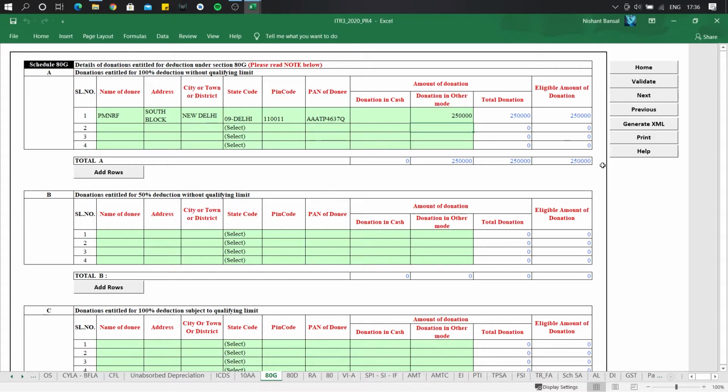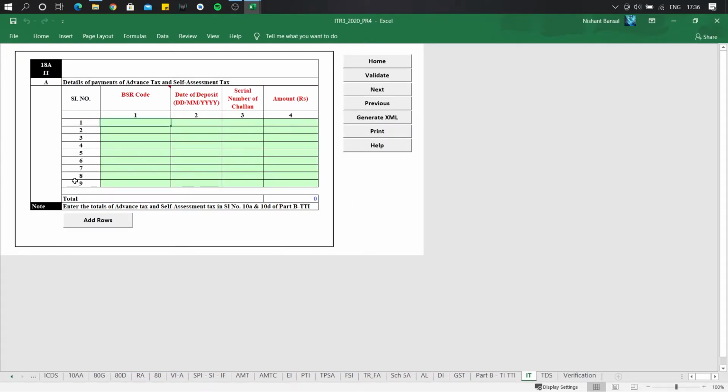So now the next part is information regarding advance tax and self-assessment tax. You will find the relevant tab here, that is IP. We just have to enter the details as they are here: DSR code, date of deposit, serial number of challan, and amount in rupees.